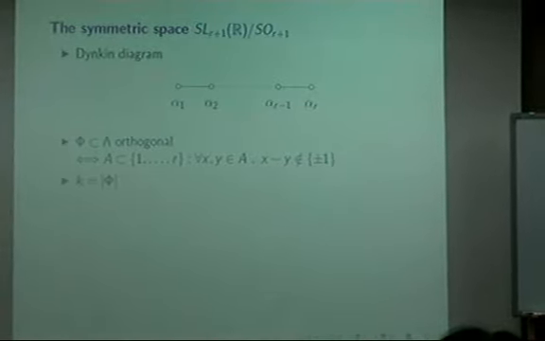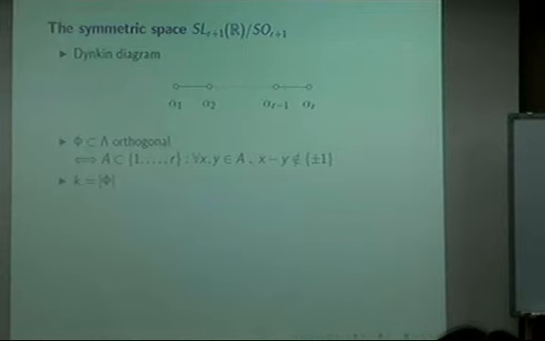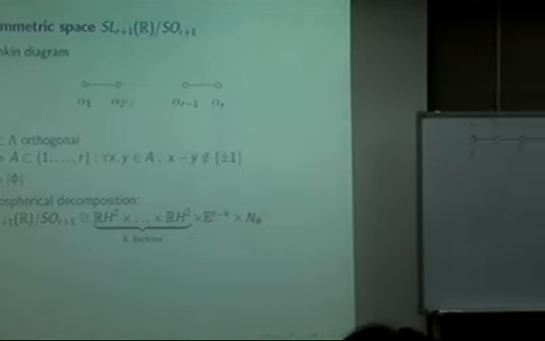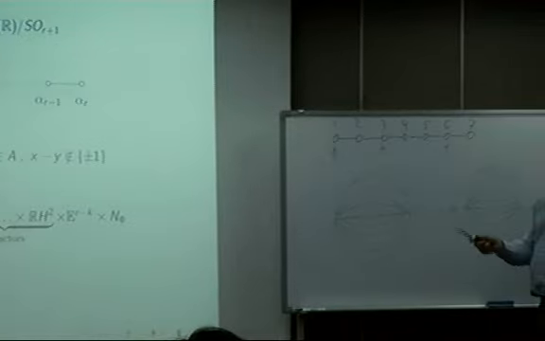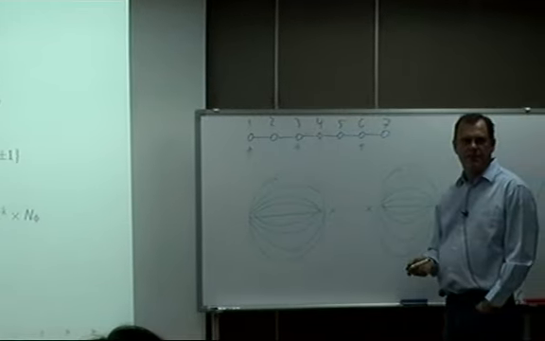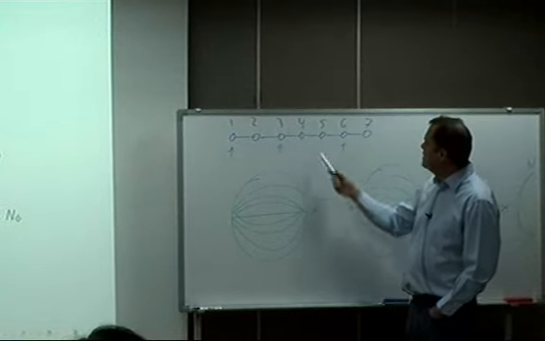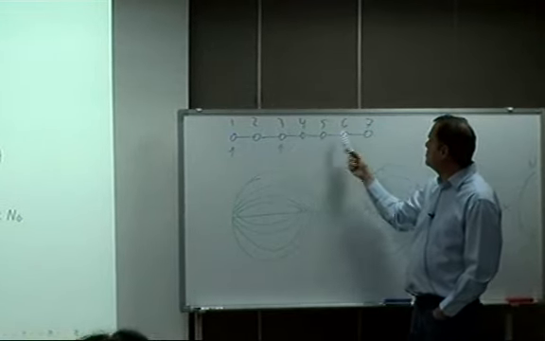And with K, we denote the cardinality of phi, and then we get the horospherical decomposition as a product, as I mentioned before. These all generate real hyperbolic planes. So we choose K factors. You see what K is somehow; the maximal number of K, in this case, would be 1, 2, 3, 4.